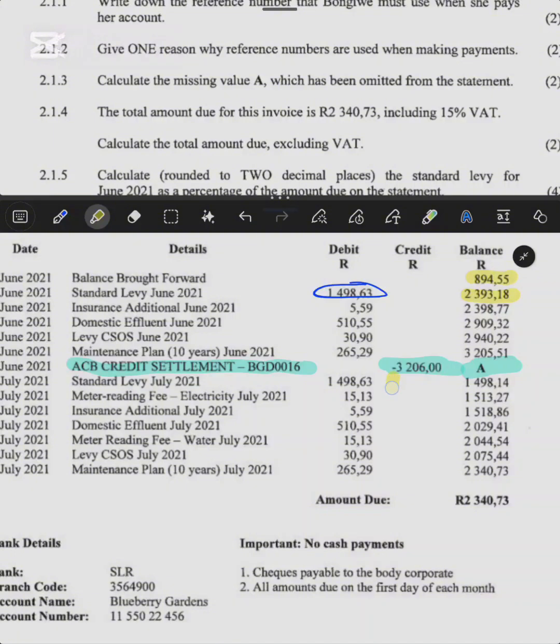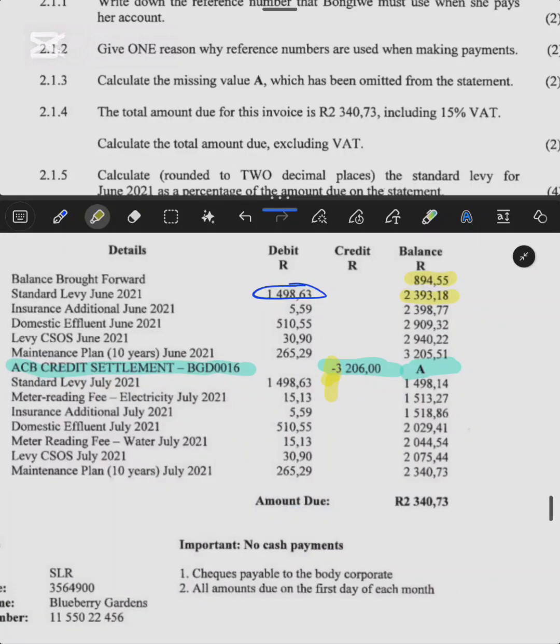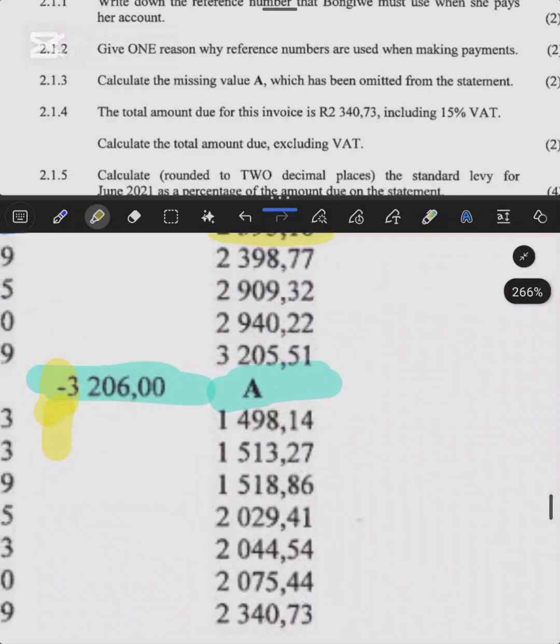Now, they have been very nice in showing us there's a little negative next to the 3, but sometimes they won't have a negative and they'll expect you to understand it's doing the opposite to what the debit is. So if a debit's making my balance on my account go up, so the amount that I owe go up, credit is going to bring it down. So all I need to do here is just do a nice straightforward subtraction calculation.